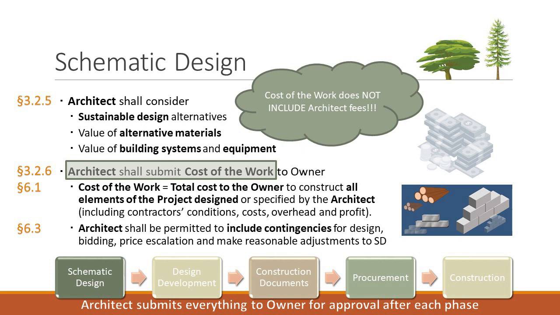And then you shall, under 3.2.7, submit your schematic design to the owner and request the owner's approval. If you think about these 5 phases, you want to make sure that you get the owner's approval before you go from phase 1 to phase 2. And so this requires that you need to submit it and you need to request approval.